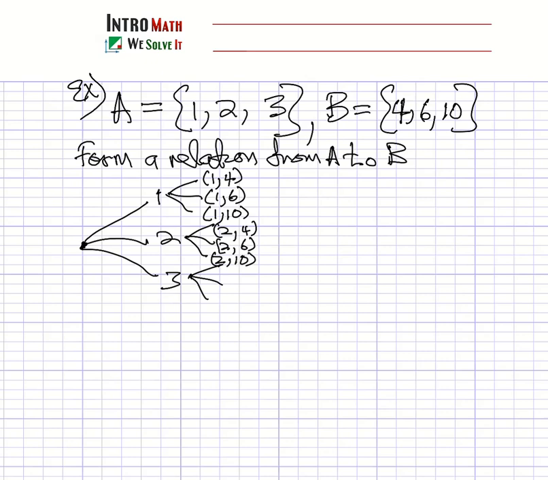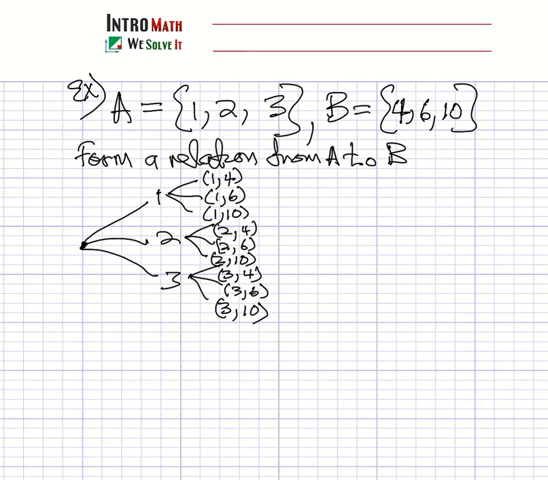You continue, you move to 3: 3 and 4, 3 and 6, and 3 and 10. Basically that's it. You can do it the other way, it doesn't matter.